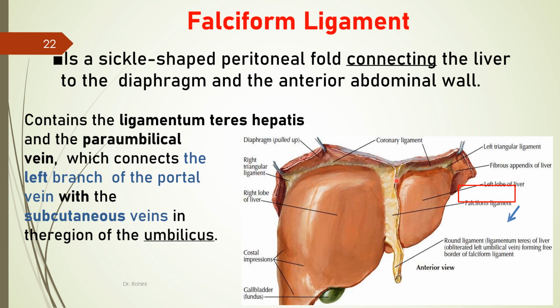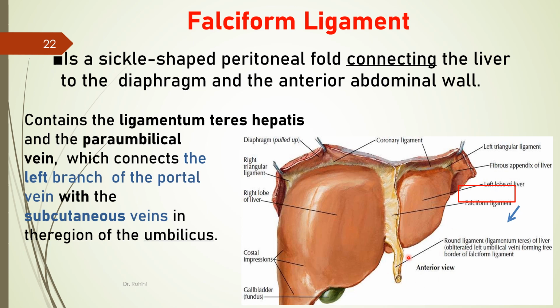It has attached margins and a free margin. This lower free margin contains the ligamentum teres hepatis, a remnant of the left umbilical vein, and also contains paraumbilical veins, which connect the left branch of the portal vein with the subcutaneous veins in the region of the umbilicus. So that is a part of the portocaval anastomosis.